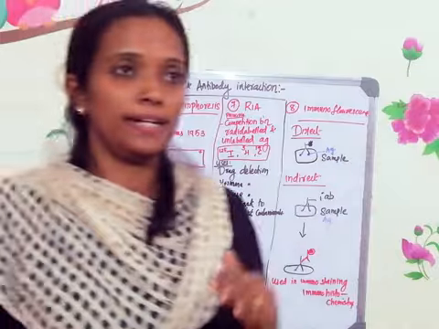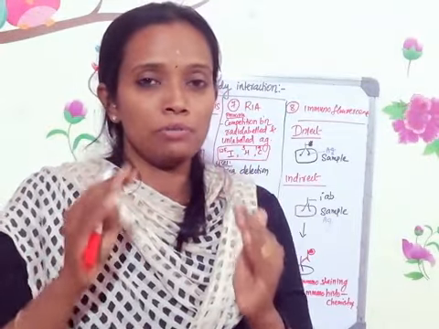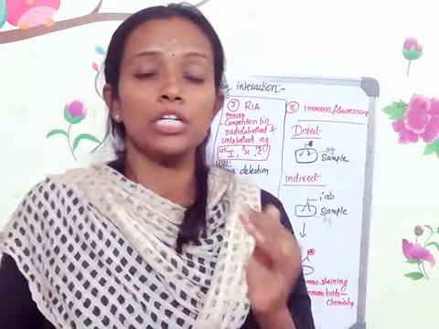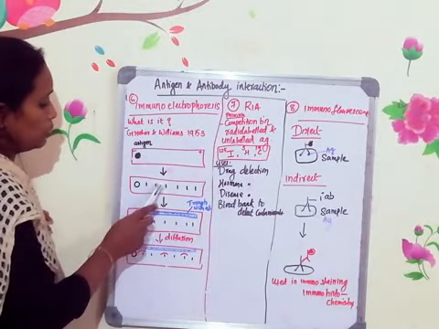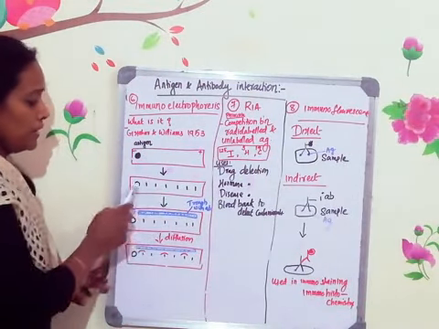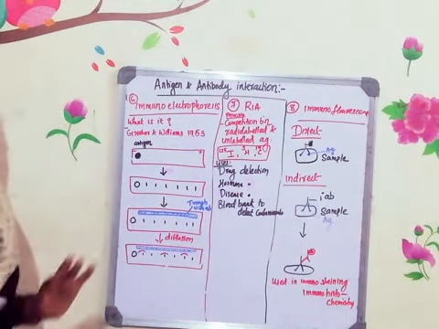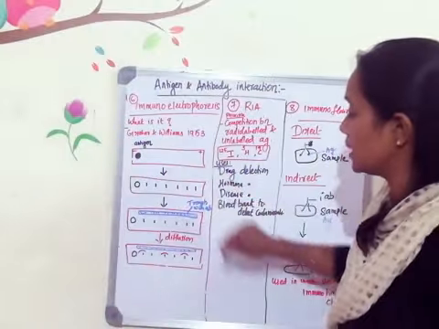When you apply the electrical current, the different components in that serum sample get separated into individual components. In the diagram I have shown that 1, 2, 3, 4, 5, 6 different components are separated after the electrophoresis. This is the agarose gel.